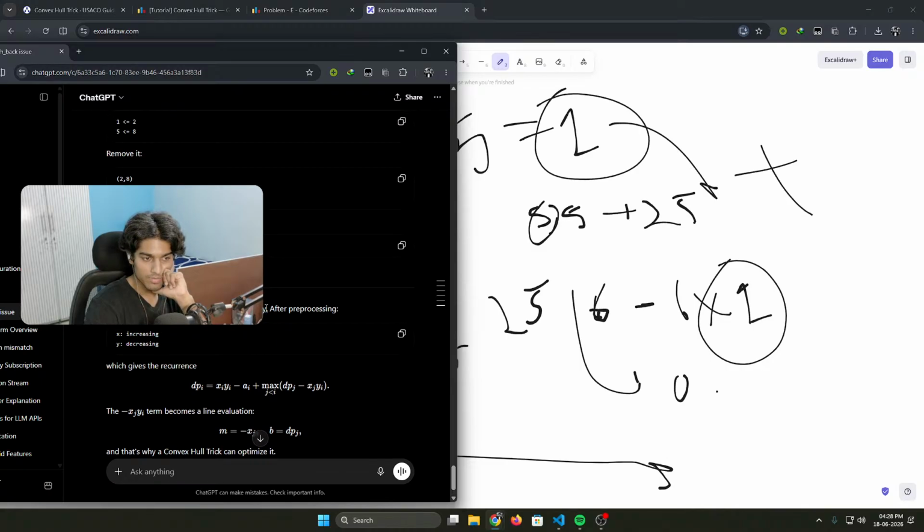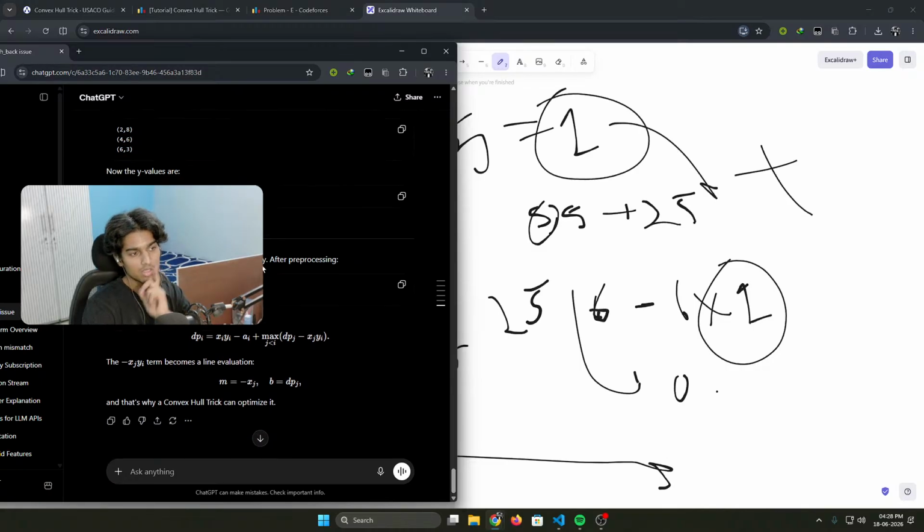Properties, what makes DP work nicely after pre-processing. So we have to do this. We have to maximize it, maximize the area. And A is always greater, so if something is useless, we can always remove it.